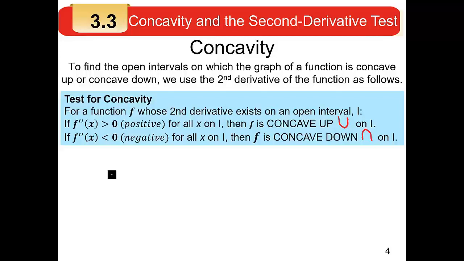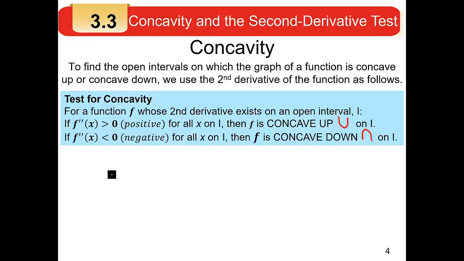If you have a function whose second derivative exists on some open interval, call it I, and the second derivative is greater than 0, meaning it's positive for everything on that interval I, then the function is concave up on that interval I. On the other hand, if the second derivative is less than 0, which means it's negative for all values in that interval I, then the function is concave down on that interval.